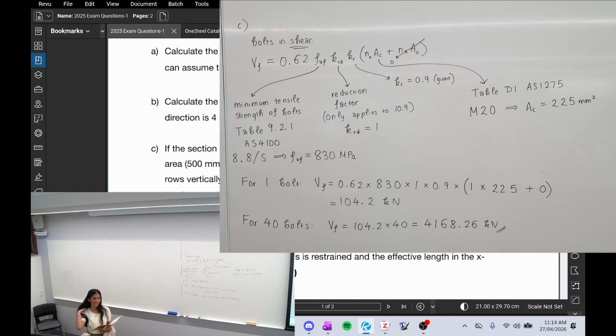The part in the brackets. Oh, here. Wait. Let me rewrite that. So this would be, because we're just using 1 bolt, subscript n would be 1. AC we found before is 225, and you can assume that this second term is 0. So it's basically just multiplying by 225.